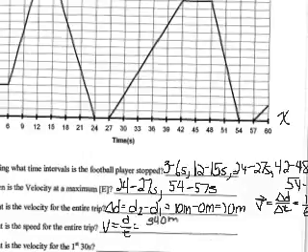And we already know what the total time is because it's 60. So divided by 60 seconds. Use your calculator, take 340 divided by 60 seconds in order to find the speed for the entire trip. And so we get 5.67 meters per second. And because this is a speed, it does not have direction. So it's not a velocity.